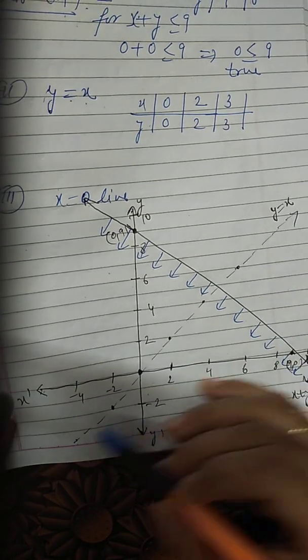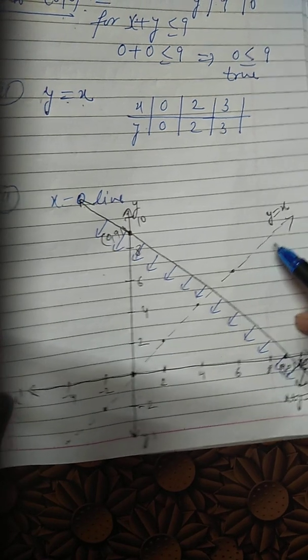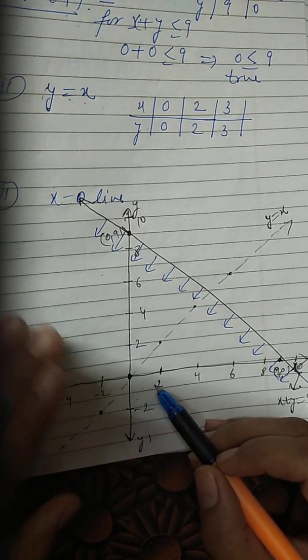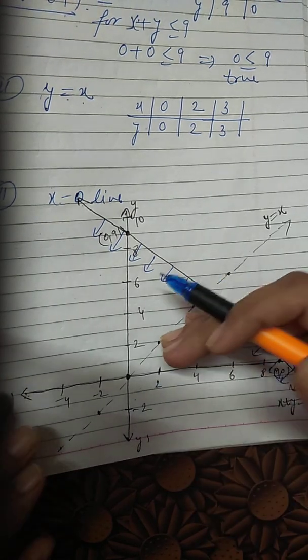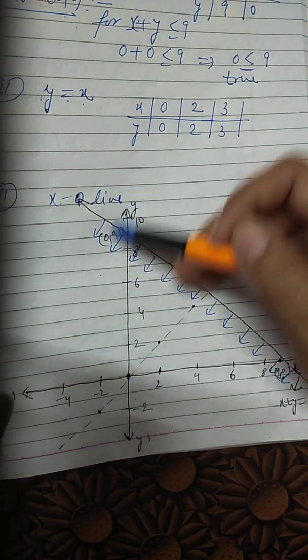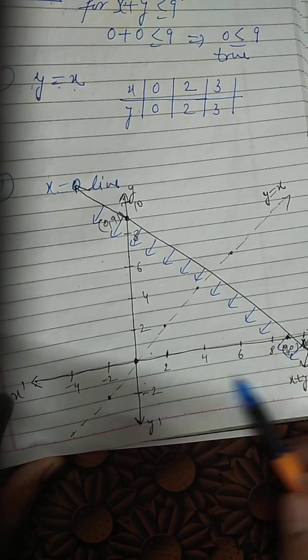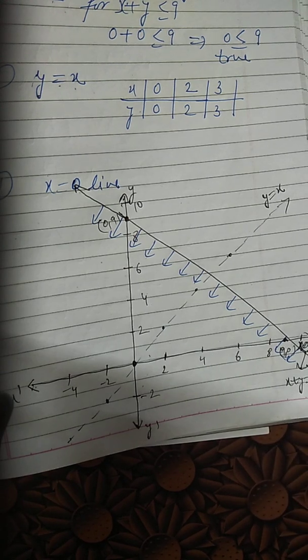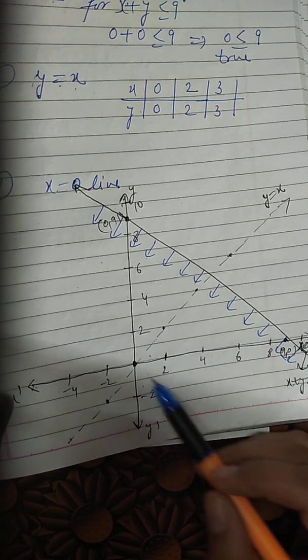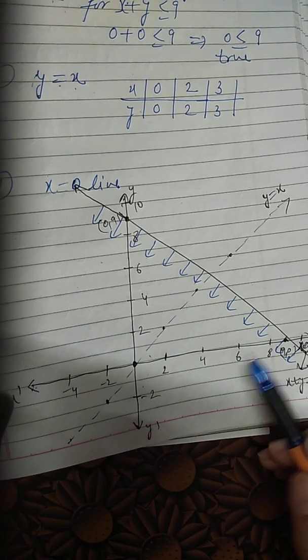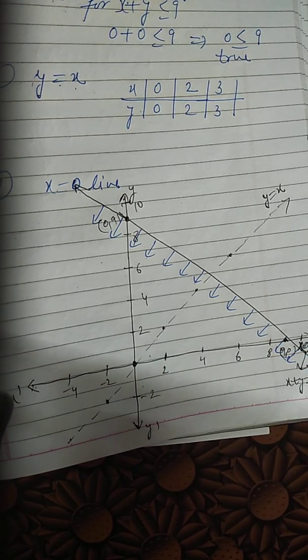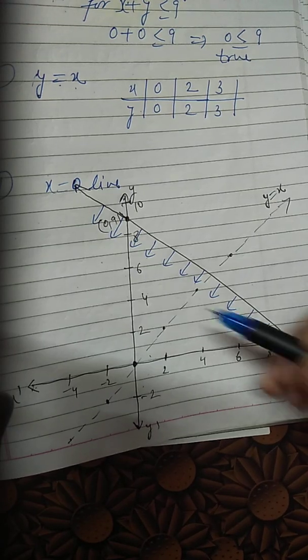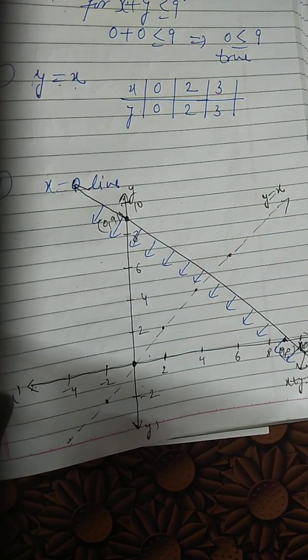Now if I observe my y equals x line, the area which is above the line has the whole y-axis. The area which is below this line has the whole x-axis. So if I check at either an x-axis point or a y-axis point, any point lying on the x-axis will be of the form x comma 0, so 1, 0, 2, 0, 3, 0, 4, 0 kind of points, and all the points lying on the y-axis are of the form 0 comma 1, 0 comma 2, 0 comma 3 and so on, right?